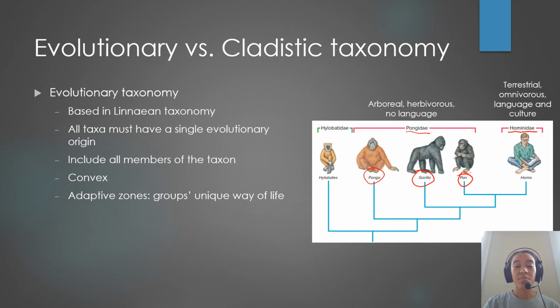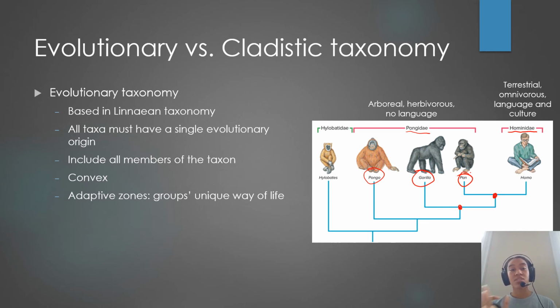But if you've been paying attention, you might have noticed something interesting. Why is it that humans are not included in this group with chimpanzees? Because we have a similar common ancestor. Chimpanzees are more closely related to humans than they are to gorillas, because we share a closer common ancestor with chimpanzees than chimpanzees do with gorillas.